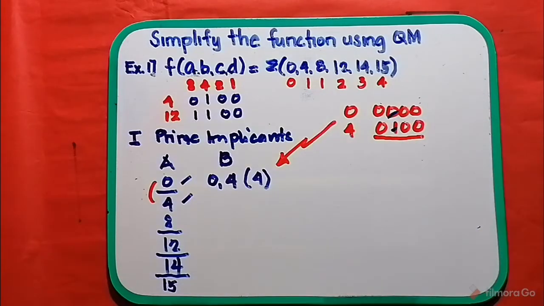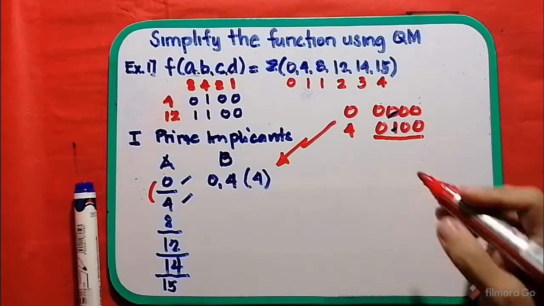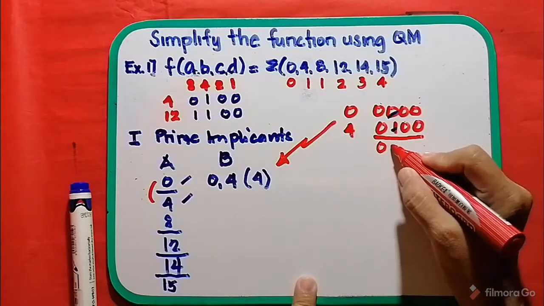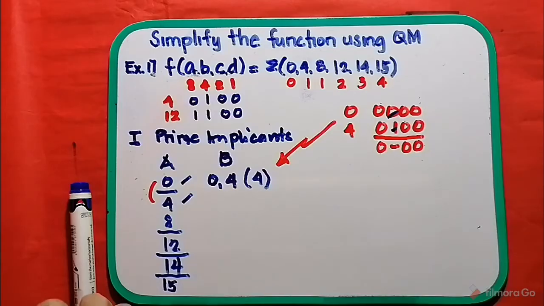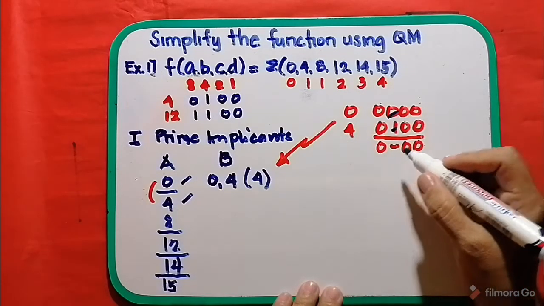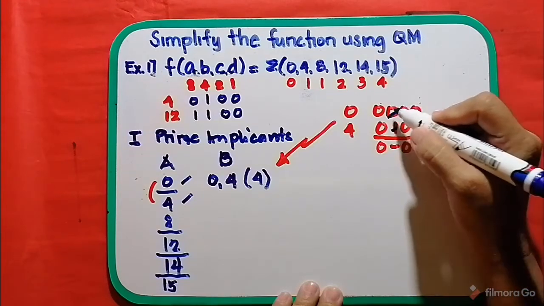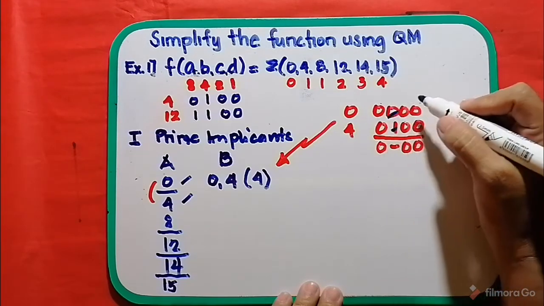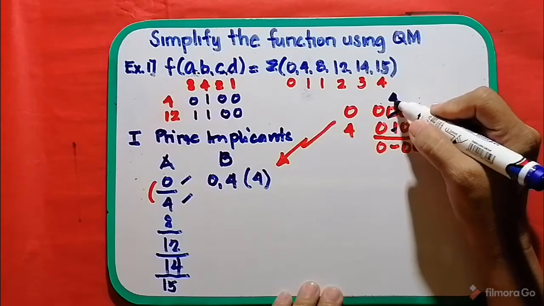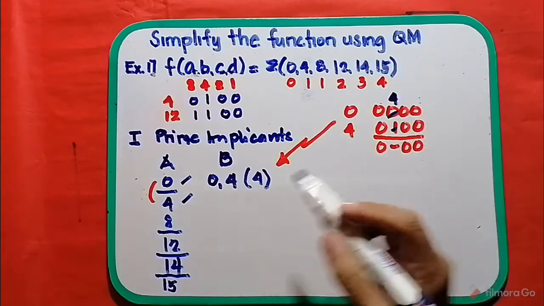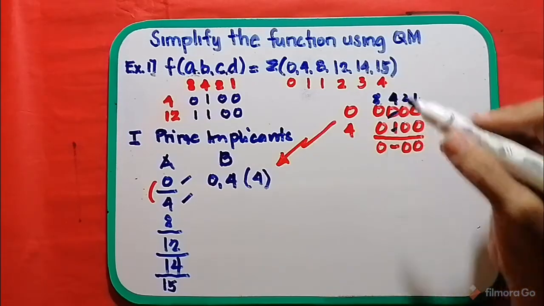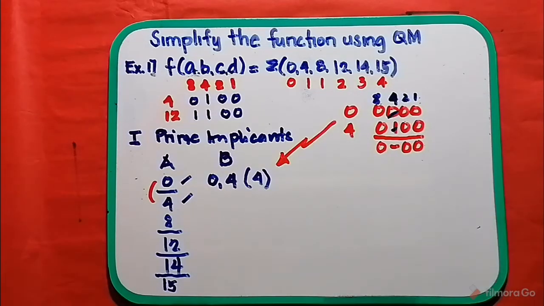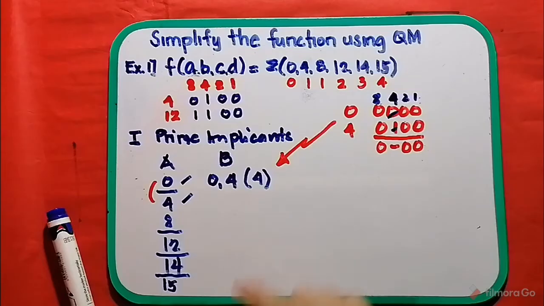So therefore, I could rewrite it as 0, dash, 0, 0. You will notice the two implicants only differ in the third position, that is the 4. Remember, this is the 1, 2, 4, 8. So that is why you have 4 here.